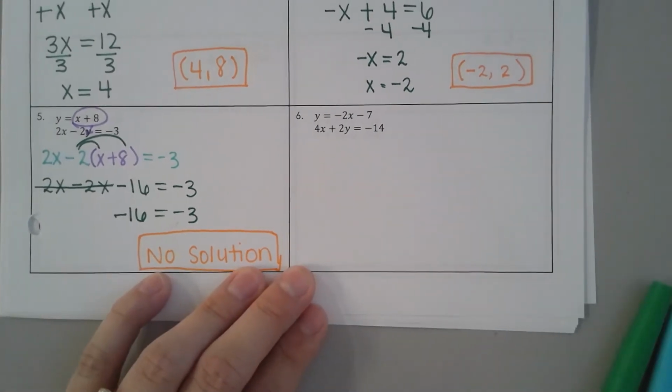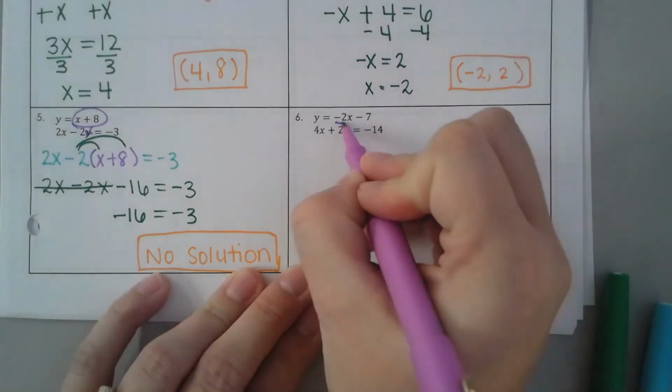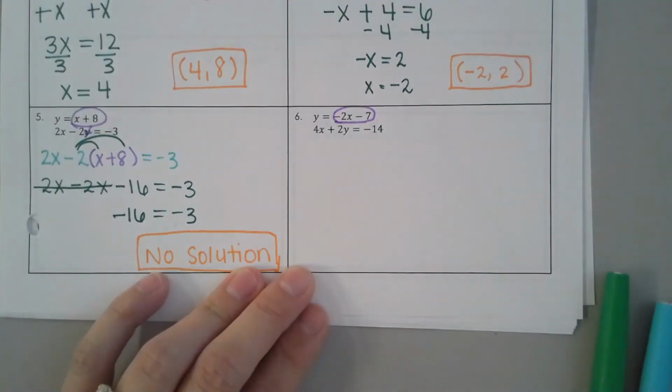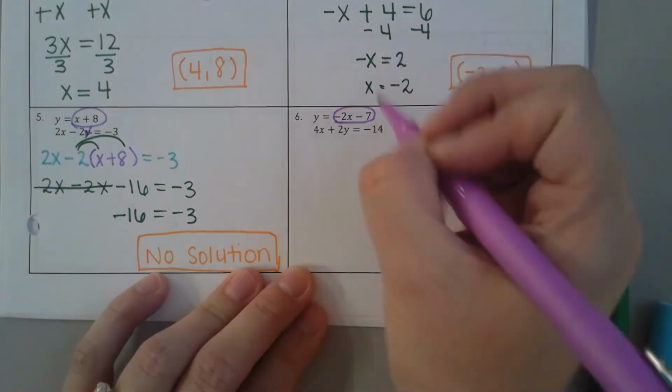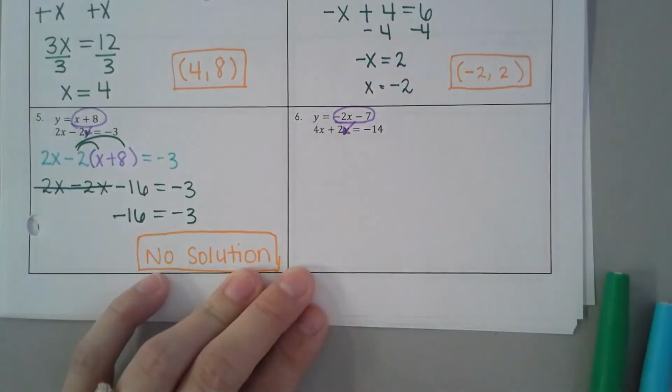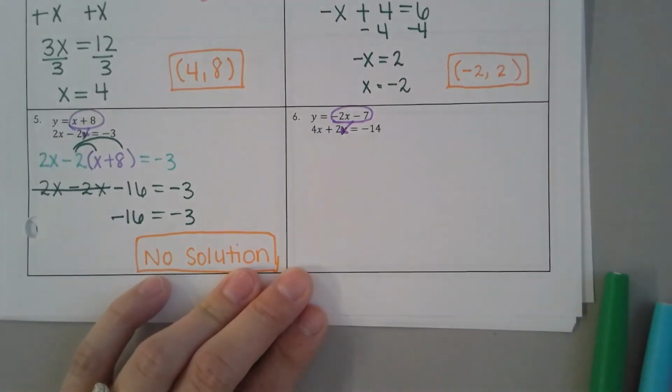Number 6. y equals negative 2x minus 7. So that's going to go in for the y in the other equation.